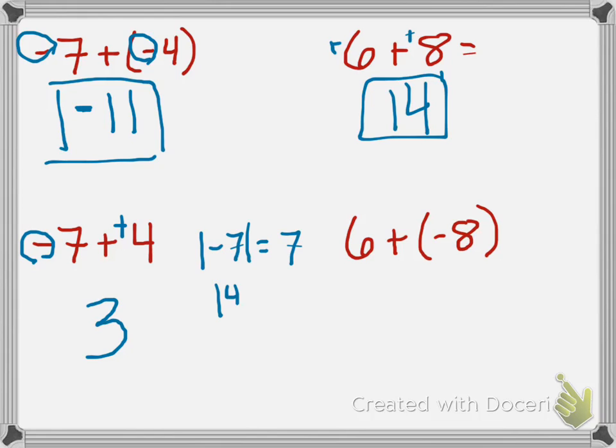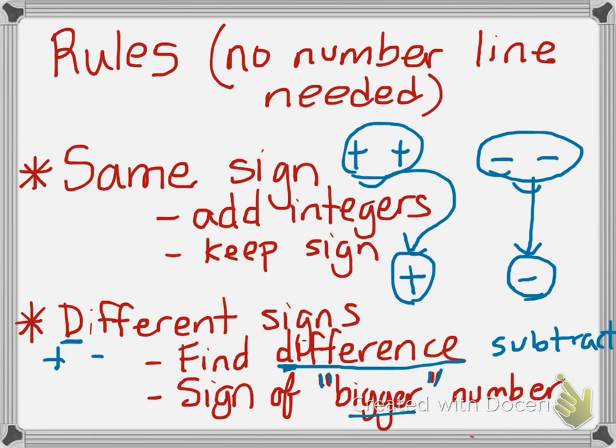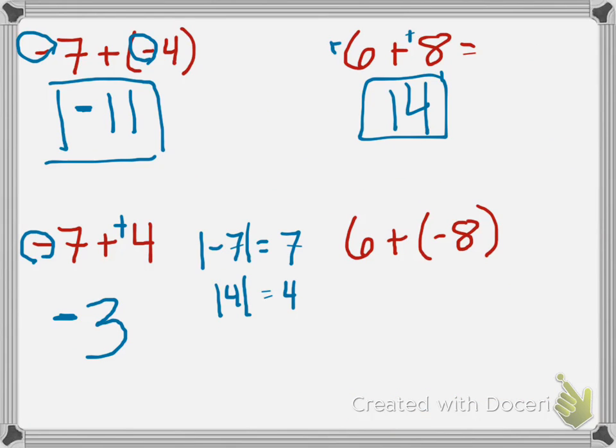The absolute value of 4 is 4. So 7 is the bigger absolute value. So that's what I mean by the bigger number, the bigger absolute value. So negative 7 has the bigger absolute value, so you keep the sign negative.